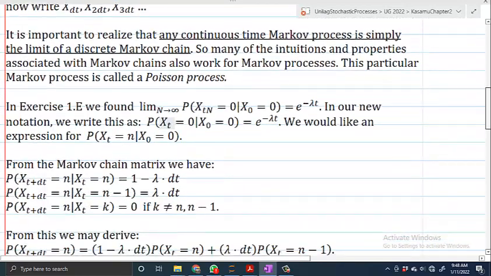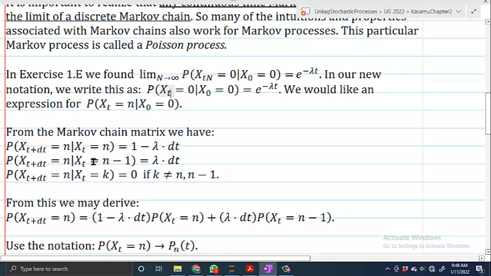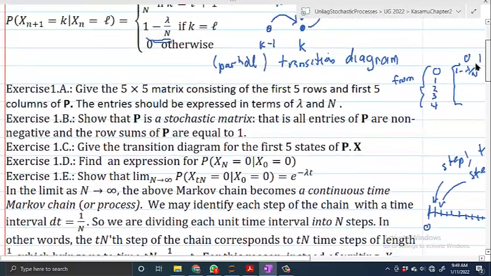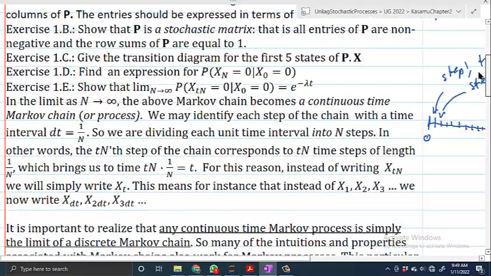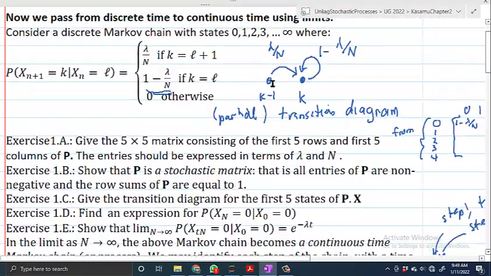Okay? Similarly, the probability that x of t plus dt equals n given x of t equals n minus 1 is lambda times dt. So the probability of this transition from k minus 1 to k, the probability of a transition to the next state, is lambda over n. And remember, 1 over n corresponds to dt.